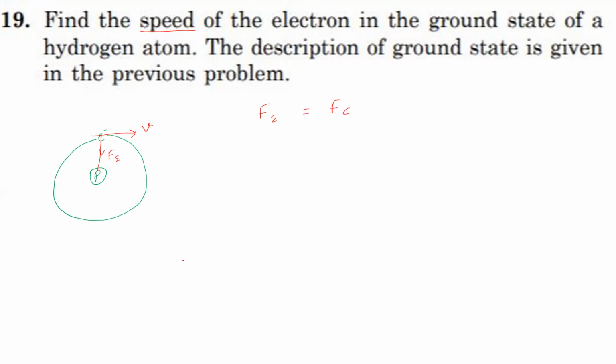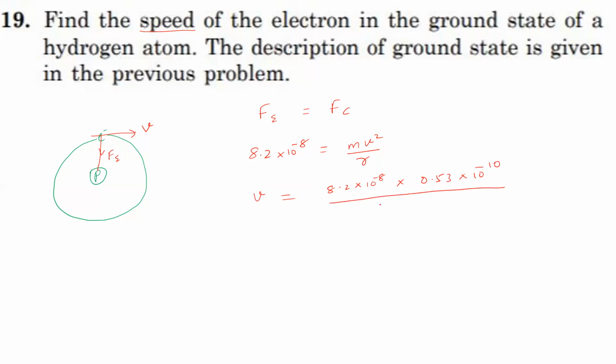So let us substitute the value here. 8.2 into 10 power minus 8 is equal to the force m v square by r. Now we want v square, so v square is equal to 8.2 into 10 power minus 8 into r, which is 0.53 angstrom, 0.53 into 10 power minus 10, divided by m.